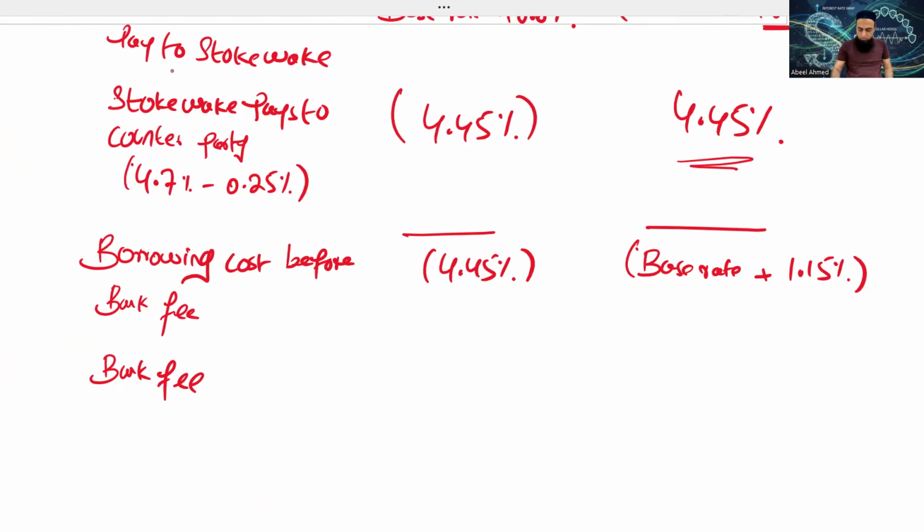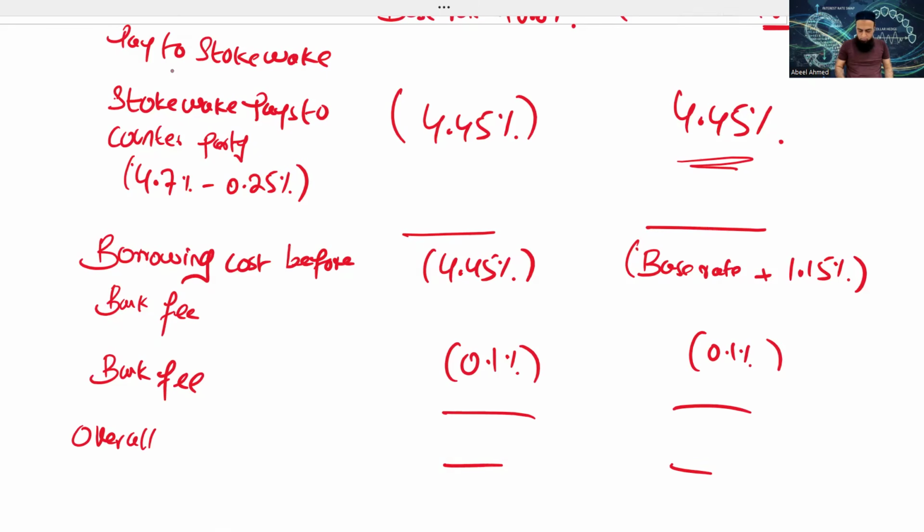Bank fee, each company will be paying 0.1%. So here comes the overall borrowing cost. 4.45 plus 0.1, I'm getting 4.55.